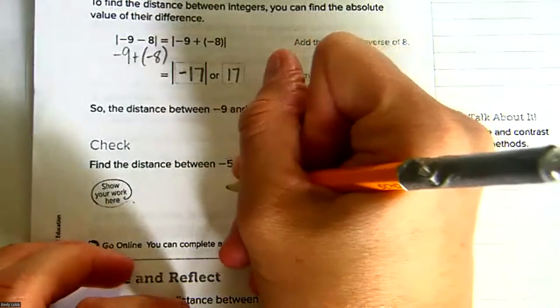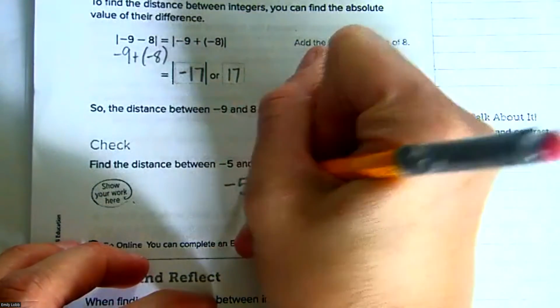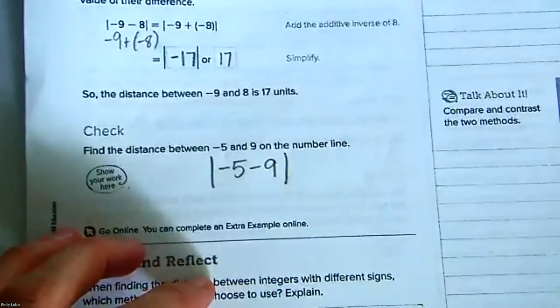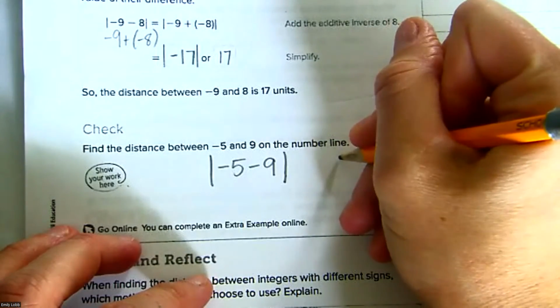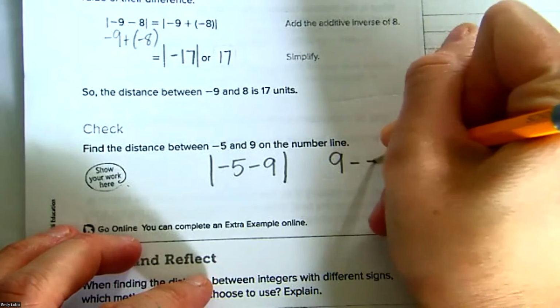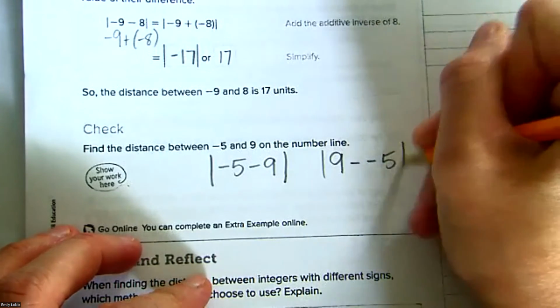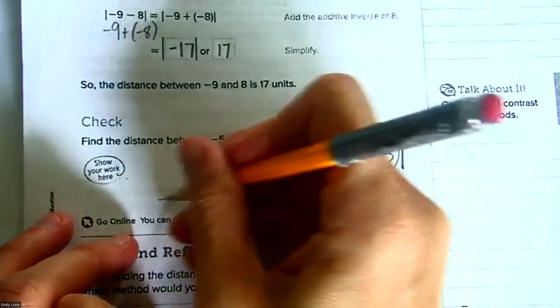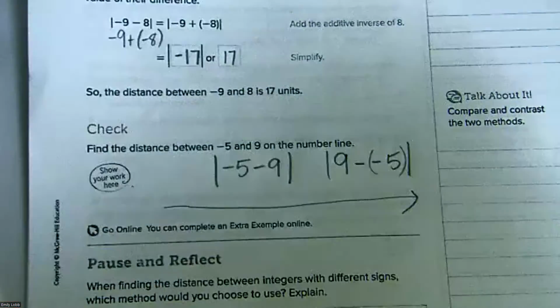So you could say -5 minus 9. You could say 9 minus -5. Or you could draw out your number line.